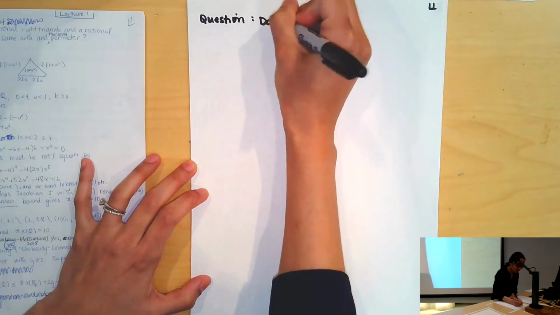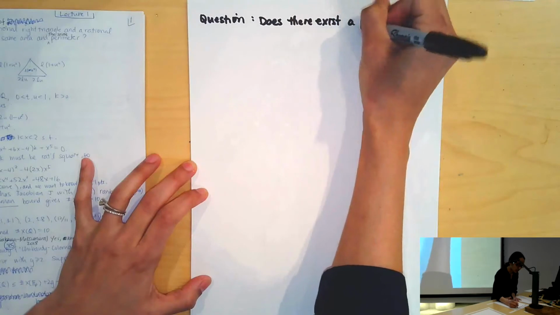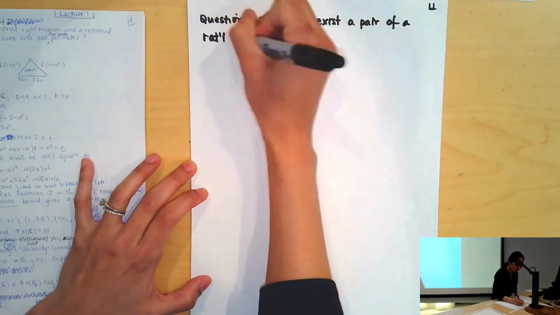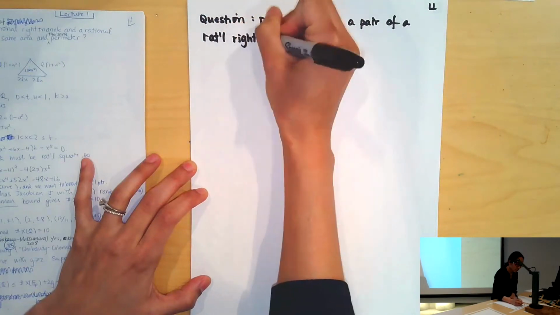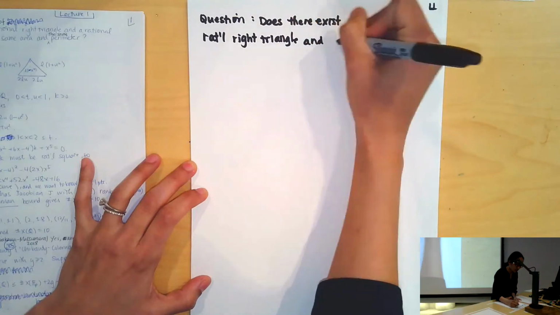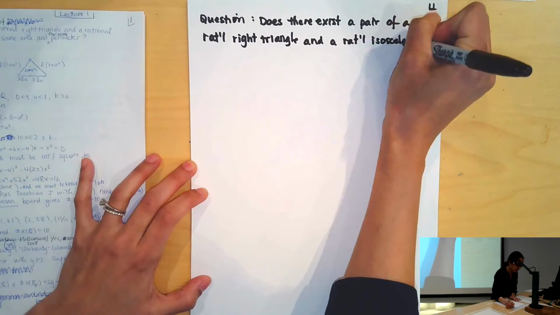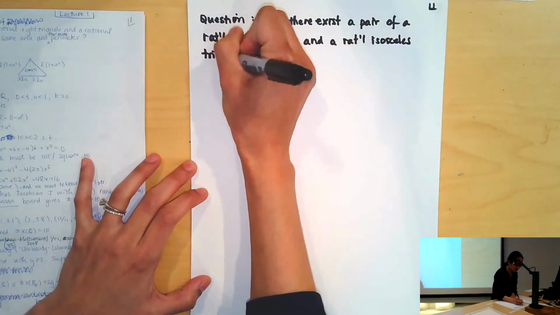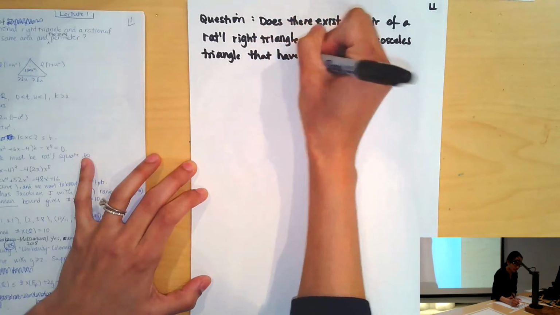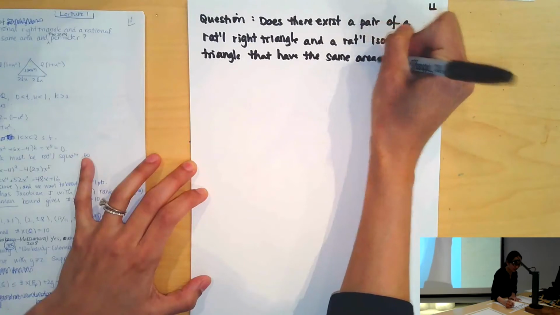Does there exist a pair of a rational right triangle, so a right triangle with all rational sides, and a rational isosceles triangle that have the same area and the same perimeter?